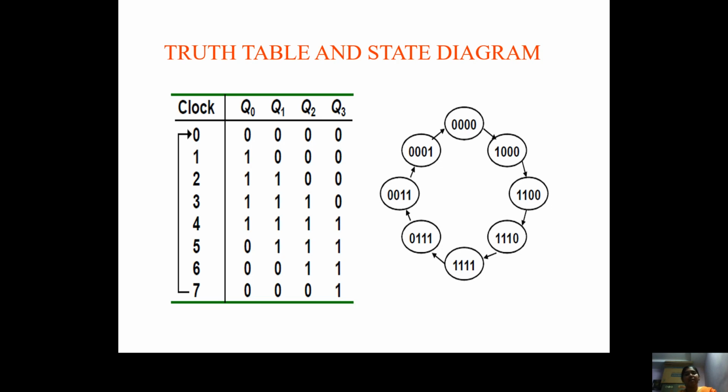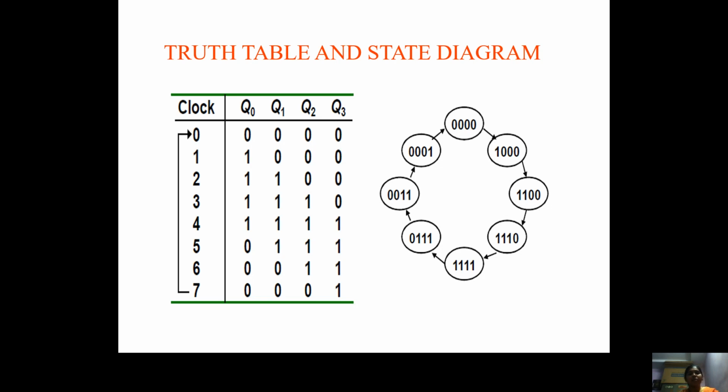Since Q3 bar is always at 1, the first flip-flop will be at 1. For the second flip-flop, since Q0 was 1, Q1 will become 1. Since Q1 was 1, Q2 also will become 1, whereas Q2 was 0, so Q3 will stay at 0. At the occurrence of the fourth clock pulse, since Q3 bar is at 1, Q0 will become 1.